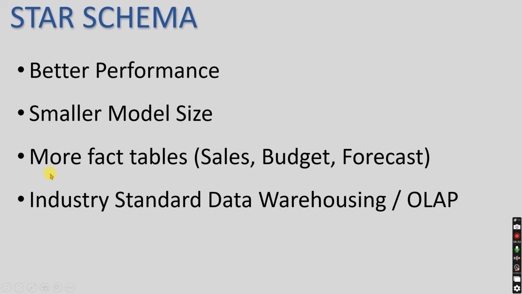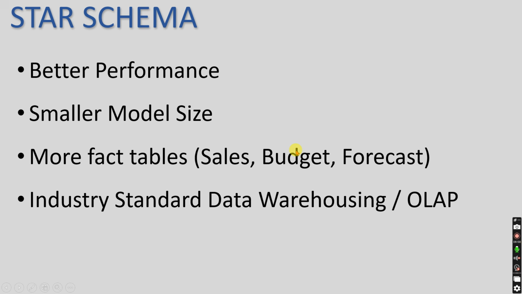Okay, and more fact tables. Let's say you want to analyze the same product for different fact tables like sales. Now all these examples we are talking about are only the sales. In the advanced chapters we will see about budget and forecast. For a single product, you will define the budget for the product category and how the sales has been affected.